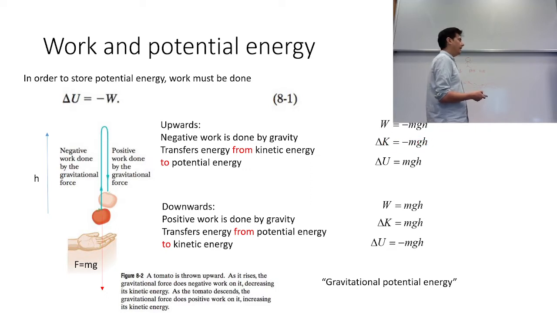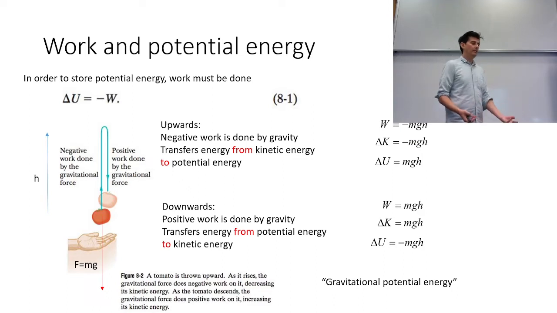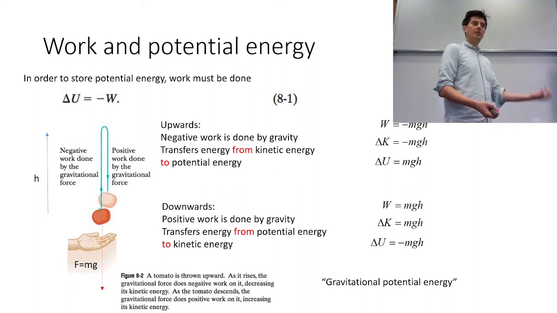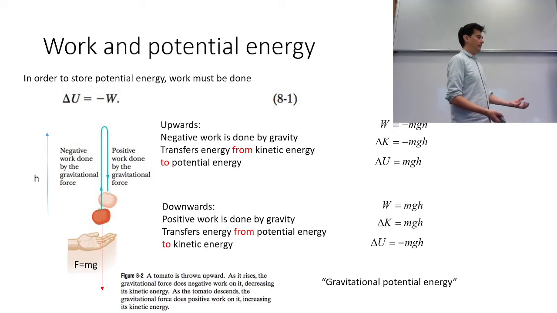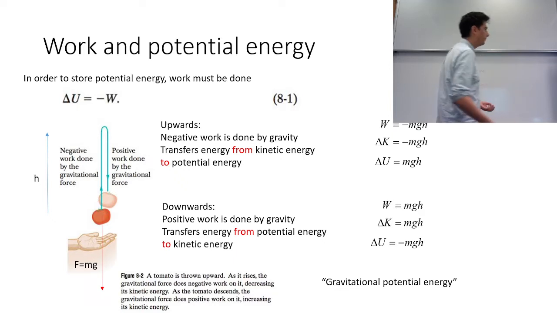That makes sense because when you initially throw the apple up, giving it some initial velocity, it has a high velocity here, and at the top the velocity slows down, so the kinetic energy is lowered. It goes from some kinetic energy here to something else.